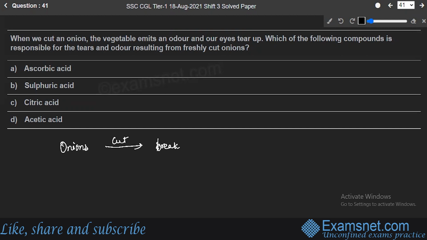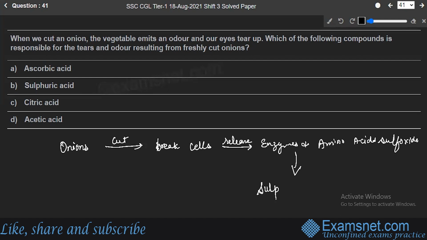they break the cells which release enzymes and amino acids, sulfoxide chemicals from inside the cells. And these react to produce sulfur gas.